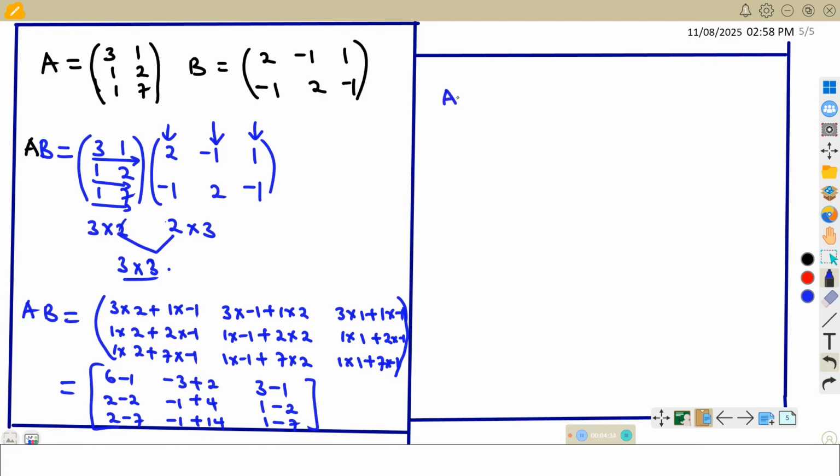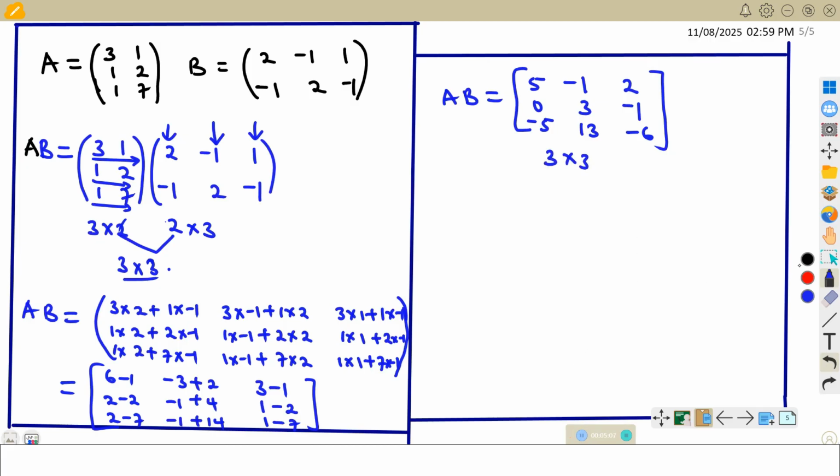So our AB will be the same as 5, negative 1, 2, then 0, negative 1 plus 4 that will be 3, negative 1. Next we shall have negative 5, 13, and negative 6. So this is AB, which is a 3 by 3 matrix.